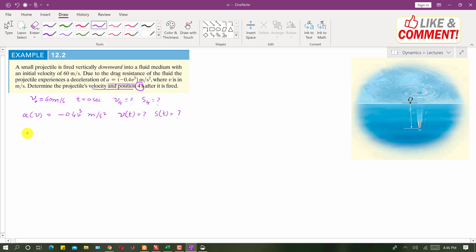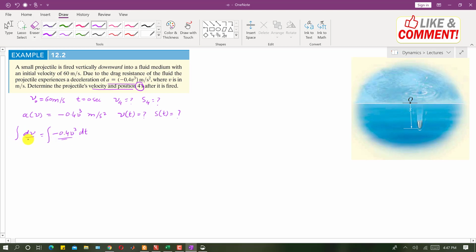So, as we know that acceleration is dv by dt, so this is equal to minus 0.4 v cube, right, and if I multiply both sides by dt, then this is equal to dt. Since acceleration is a velocity function, we need to bring it here, since if we integrate both sides, we will integrate with respect to velocity.